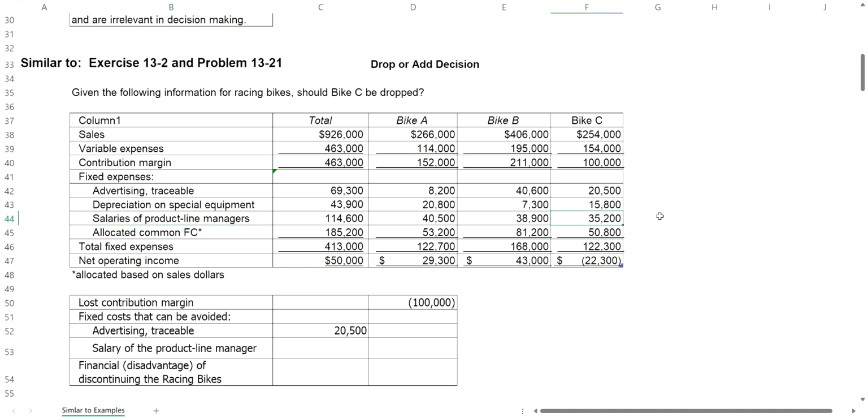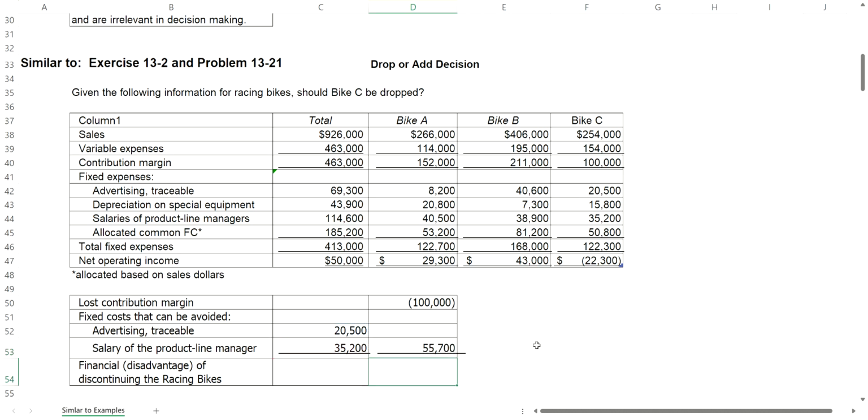So the product line manager salary for Bike C is $35,200. If we no longer sell Bike C, we would eliminate that product line manager, saving $35,200. The rest of it is allocated common fixed costs, like maybe rent, etc. So none of that could be eliminated. So these are our two fixed costs that could be eliminated.